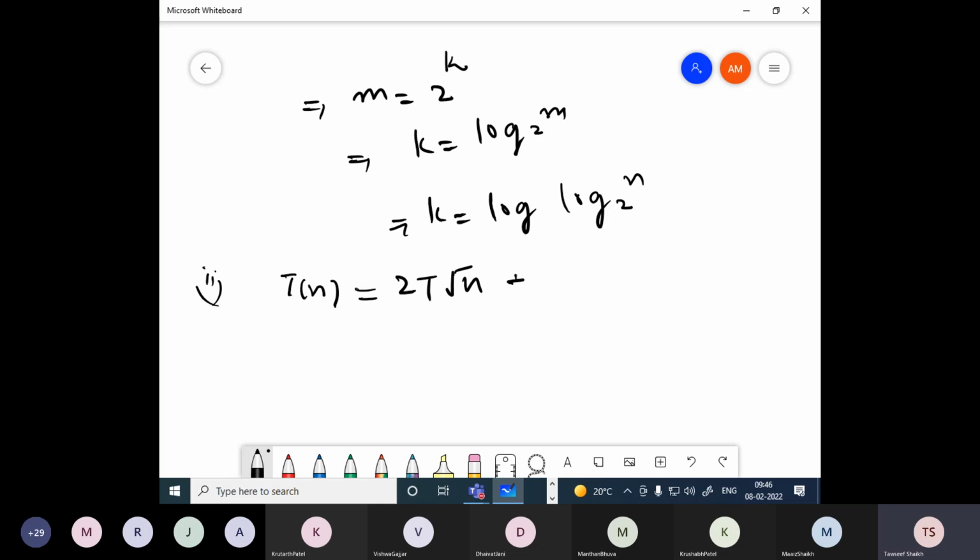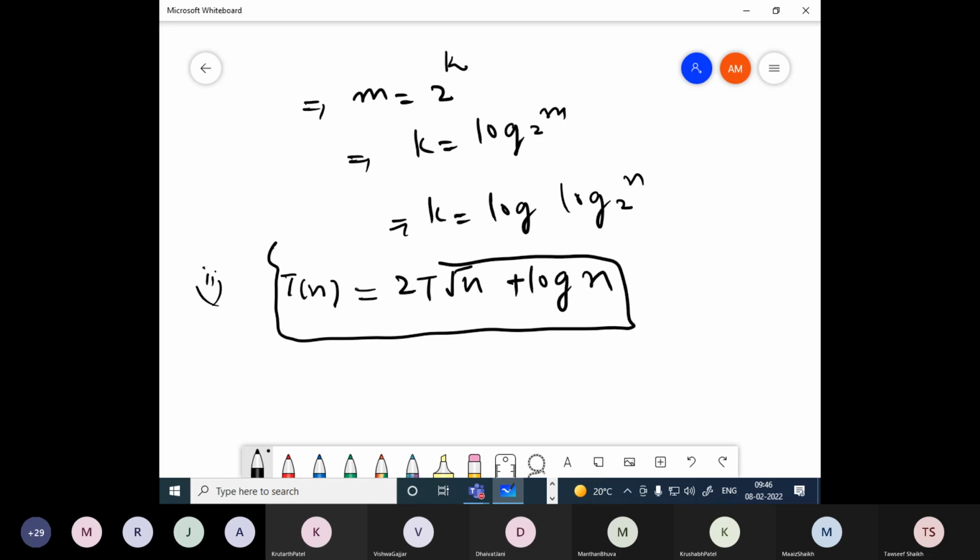2t of under root of n plus log n. This is one more root function which needs to be solved using the same change of variable method. And I will write down its solution also here.